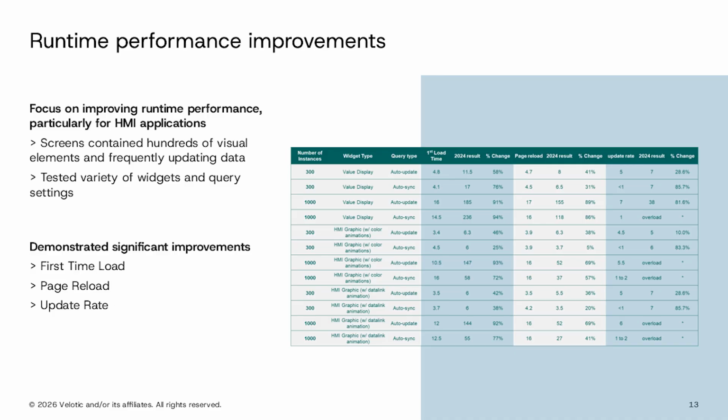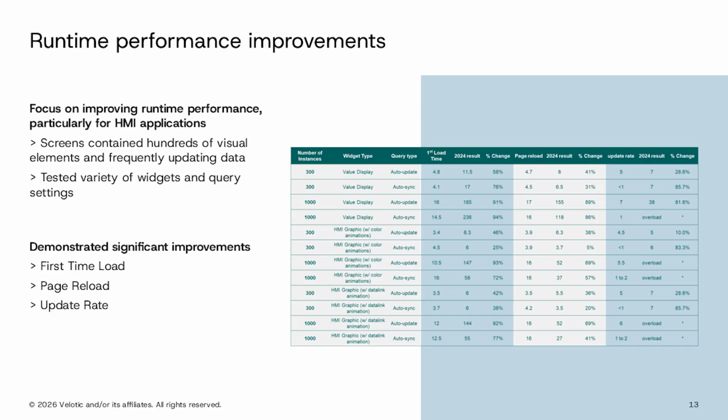So this was a very targeted performance fix, right? We went in and we looked in particular for the widgets that we thought were most likely to be used by HMI developers. And this includes things like HMI graphics and value displays. So, displaying data on the screen, like a data link, right? And we also focused our enhancements specifically to Proficy data sources, right?